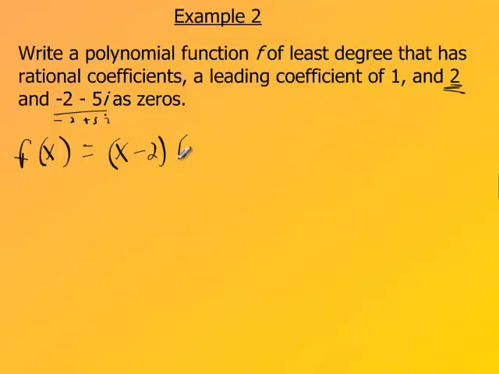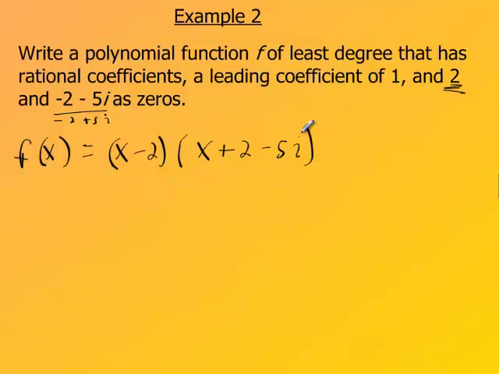And then we'll come up with factors that use this complex. So I have x, just like I have with the x minus 2, and this is going to be x plus 2 minus 5i. And the reason why I know that this is plus is because this leads off as a negative.